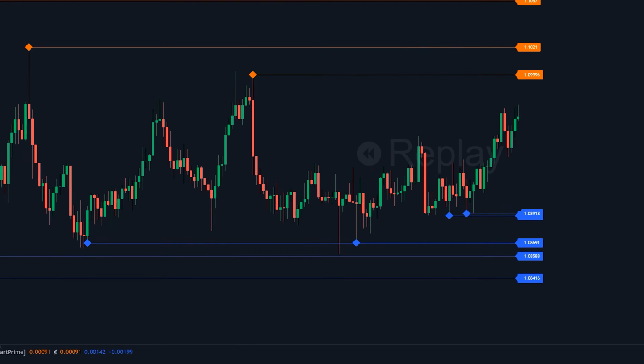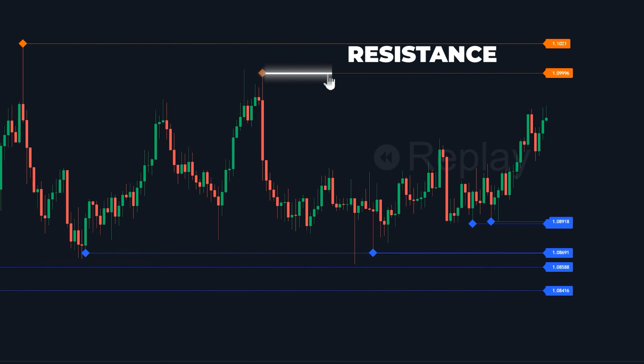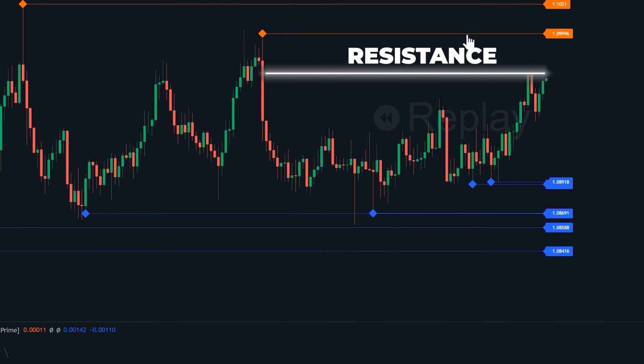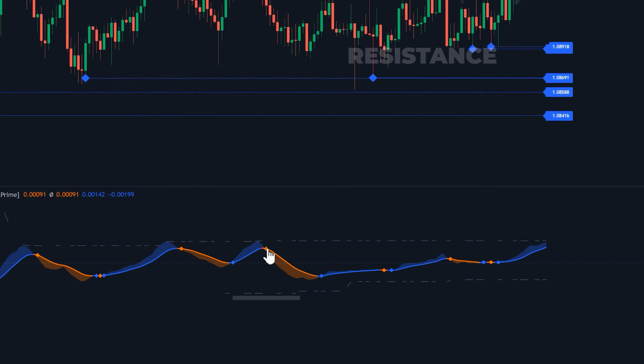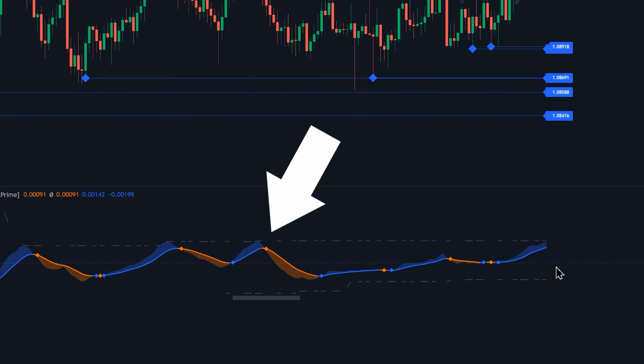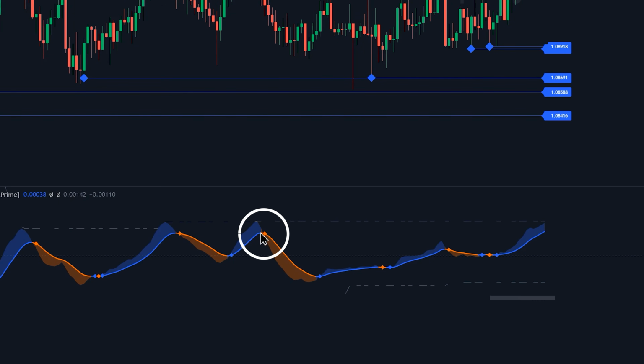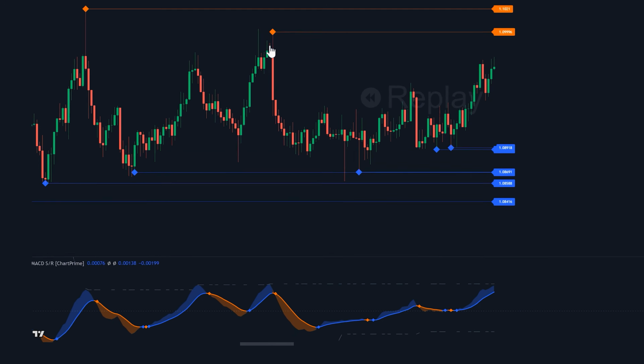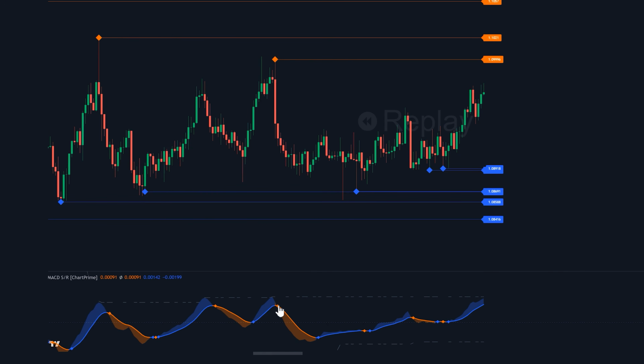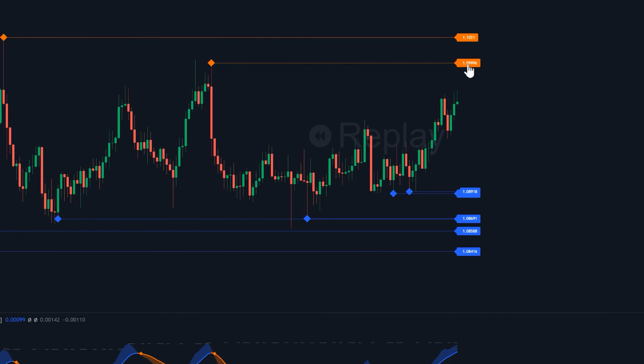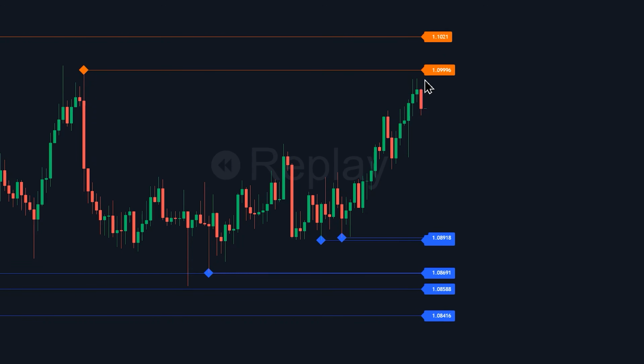You'd be looking for a resistance level, maybe an orange line, that was plotted after a MACD bearish crossover. The MACD line crossed below its signal line, again with a diamond marker. The indicator would have scanned the last 5 bars after that bearish cross and picked out the highest high to draw that resistance line. So if price rallies up to this orange resistance line, you'd be watching for it to stall or reverse.